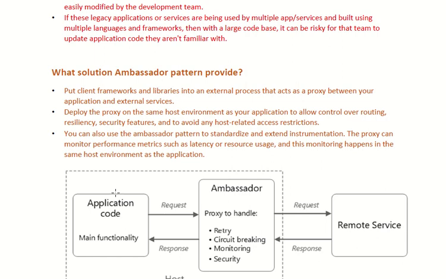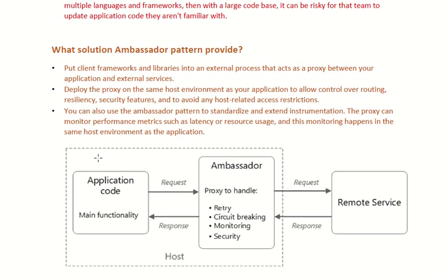You can also use the ambassador pattern to standardize and extend instrumentation. The proxy can monitor performance metrics such as latency or resource usage, and this monitoring happens in the same host environment as the application. The most important consideration for implementing this pattern is that the application as well as the ambassador, the out-of-process proxy, should be deployed on the same host environment.